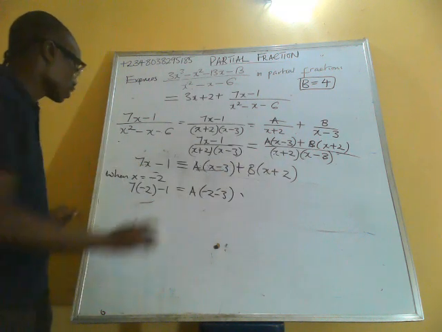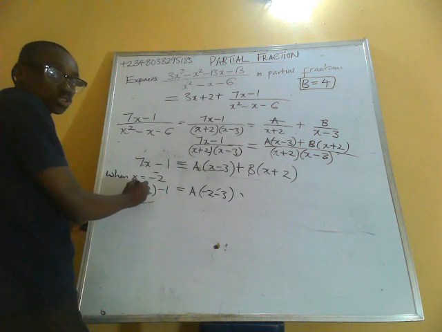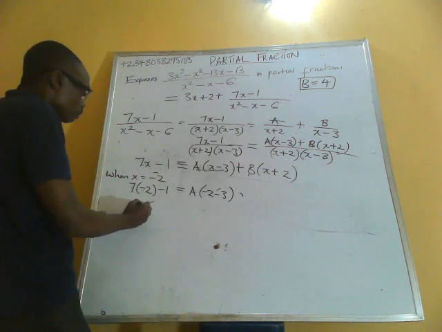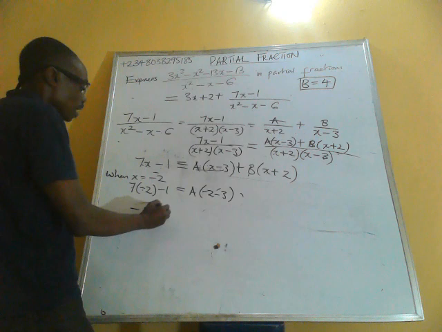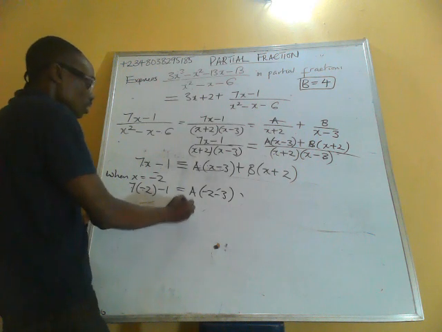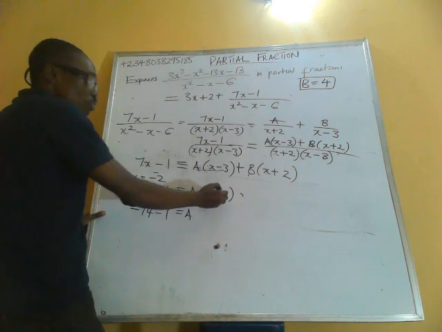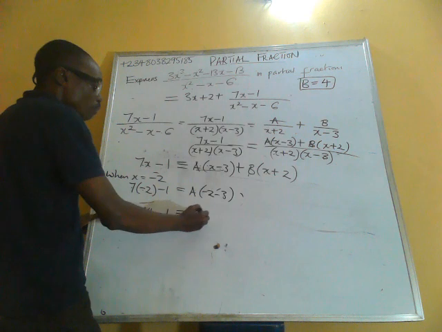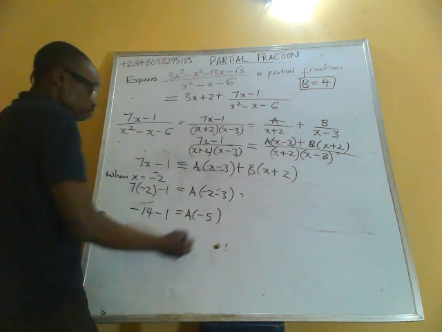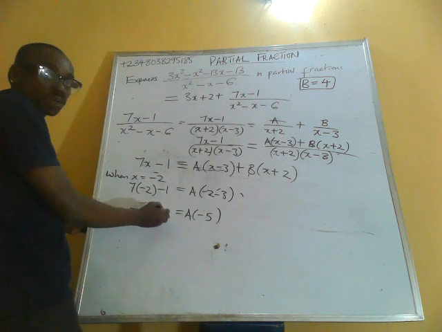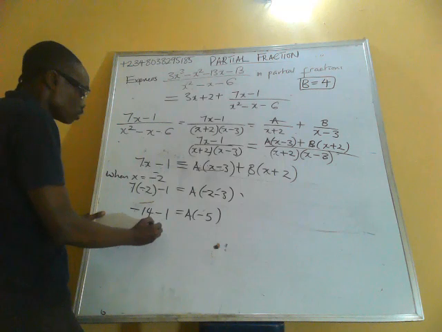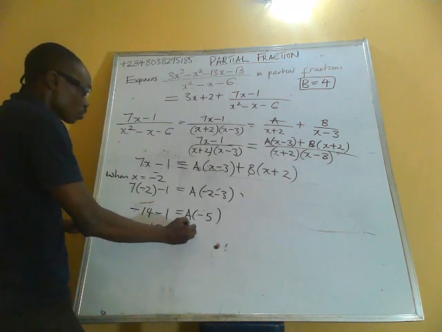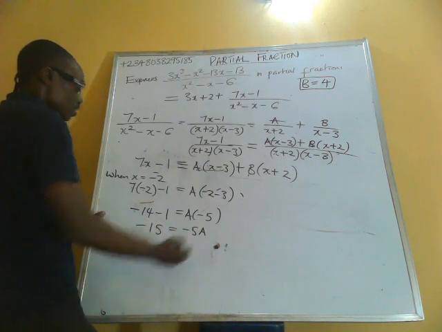So 7 times minus 2 gives you minus 14 minus 1 equals to a times minus 2 minus 3, which gives you minus 5. Minus 14 minus 1 is minus 15 equals to minus 5a.